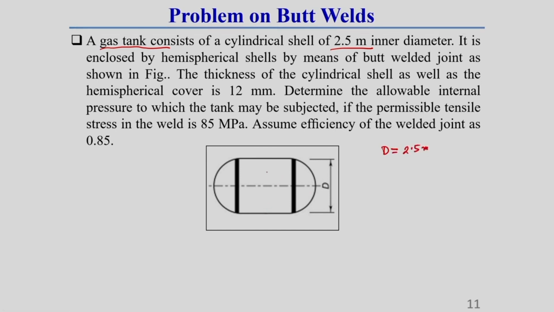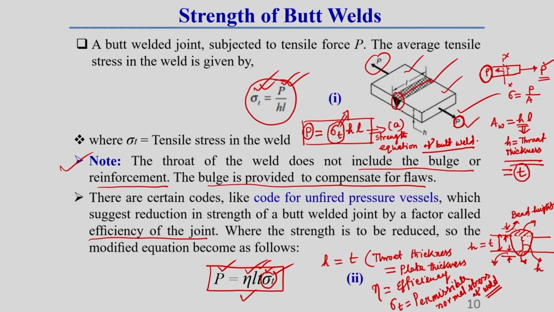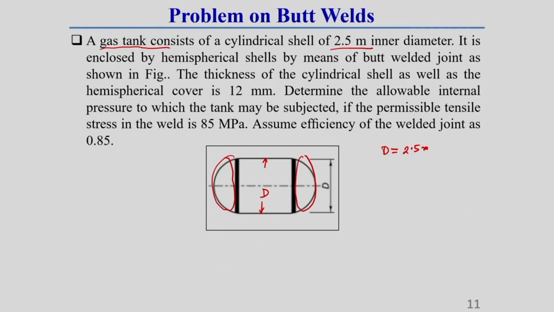It is enclosed by hemispheres, this is one hemisphere, this is another hemisphere, by means of butt weld joints as shown in this figure.